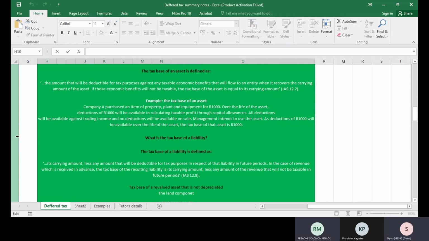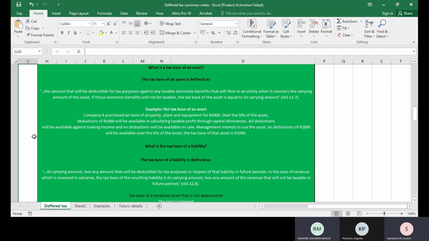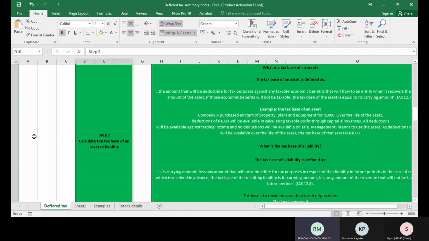So now, I've taken you through the tax base of a liability, and I've taken you through the tax base of an asset, right? So I'll send you these notes with permission, if Mr. Popolo allows me.